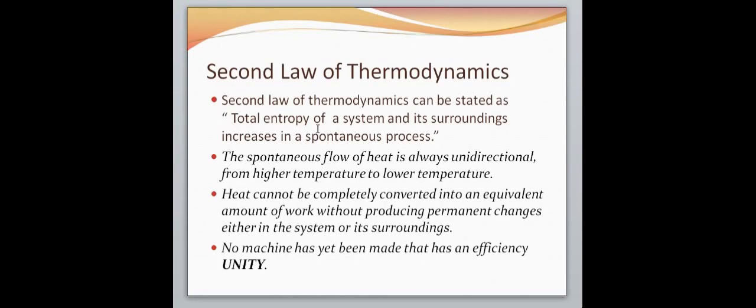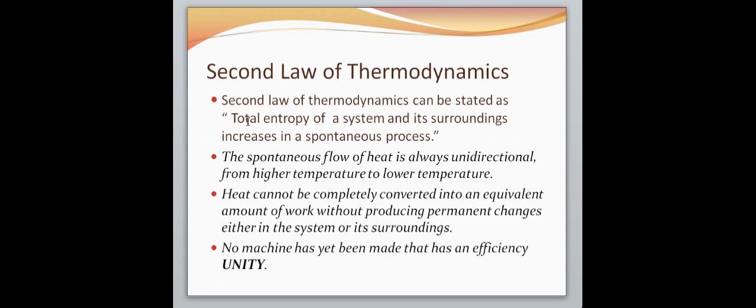Let's take a look at the second law of thermodynamics. We have already done the first law of thermodynamics. Now we will go to the second law. The statement of the second law of thermodynamics is: the total entropy of a system and its surroundings increases in a spontaneous process.